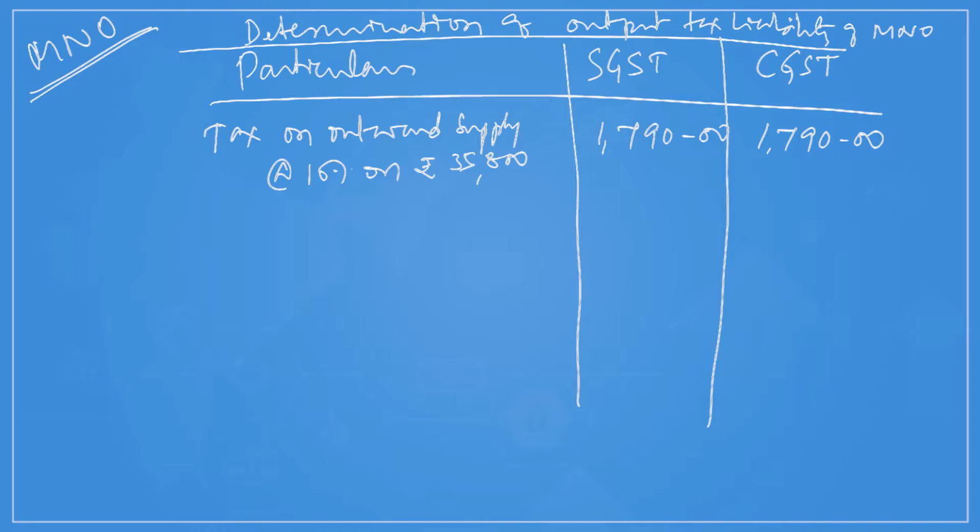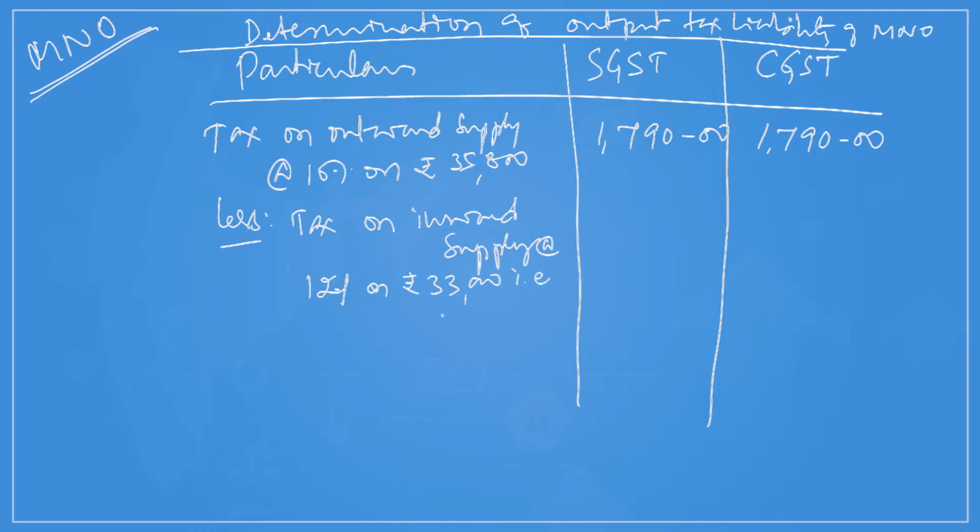From this outward supply tax we have to deduct tax paid on inward supply, at the rate of 12% on rupees 33,000, that is rupees 3,960.